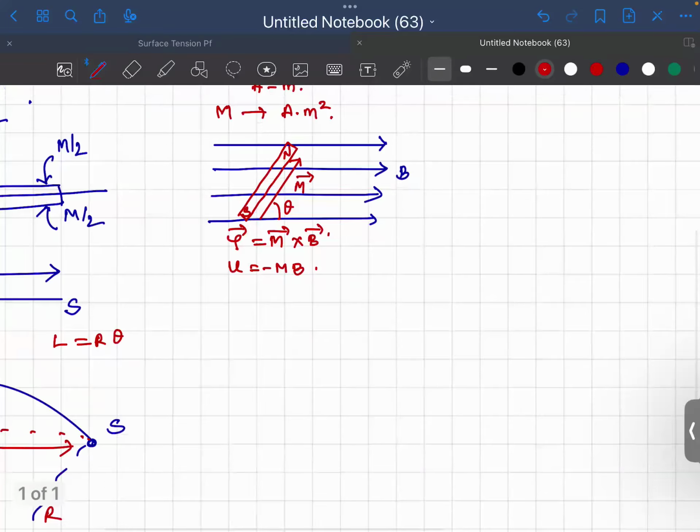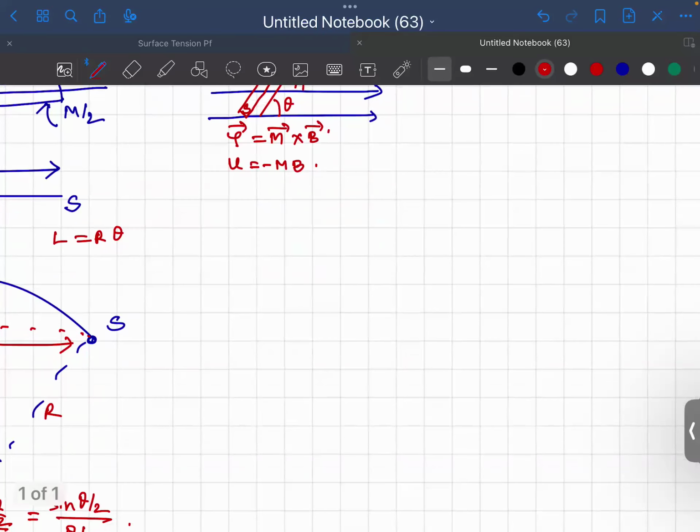So now the issue is if this magnet is under the influence of two magnetic fields, one is B1, the other is B2. And the magnetic dipole aligns in a specific direction, say, for example, theta with B2, and it's the equilibrium. Now, if you disturb it, it will oscillate about that equilibrium position. For example, theta is some 30 degrees.